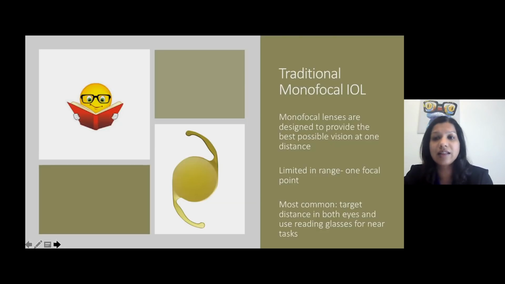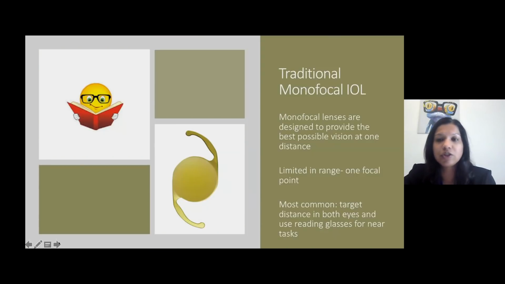So if you decided that you're going to have a monofocal lens that corrects for distance vision, you'll be able to see far, like TV and driving, well without glasses, but then you'll need to wear reading glasses for the computer and reading on your phone and things like that. You can also do the opposite. Some people are just used to being able to read up close without their glasses, and they put them on for distance, and they want to have the same type of lifestyle after cataract surgery.